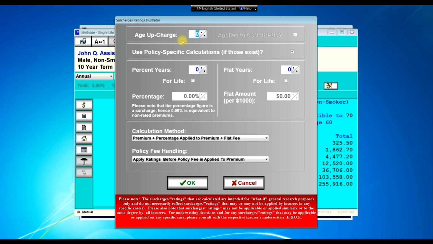So, for example, if we want to increase the age by 4 years, so it's an age up rating of 4 years on a 35-year-old, that would increase the insurance age to age 39. So we'll go up 4 years here, and let's take a look.